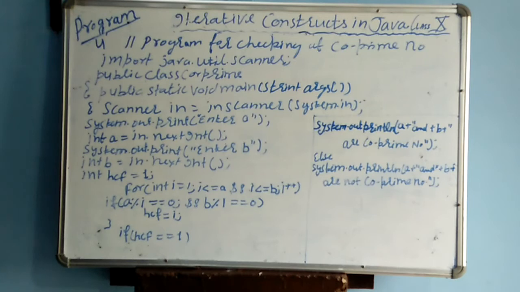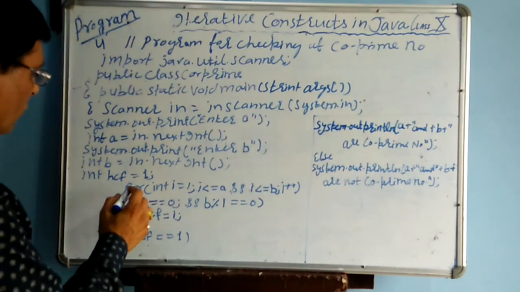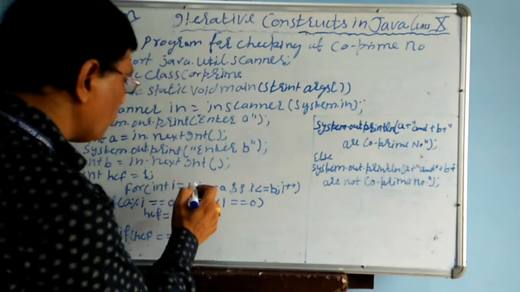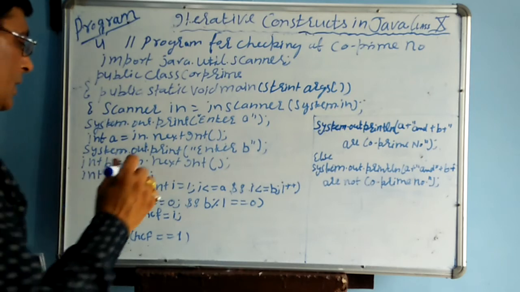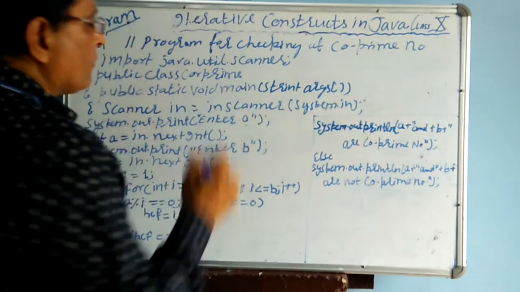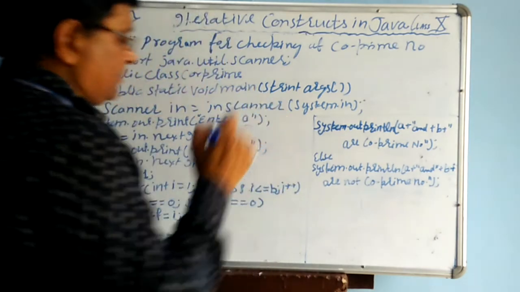Now we are using a loop. The loop starts here: for int i = 1. This loop will start from 1 and run while i is less than or equal to a. Suppose you give 14, then it will check all the numbers one by one.